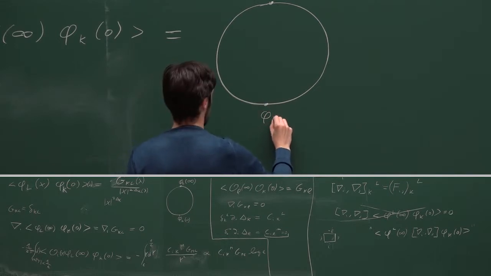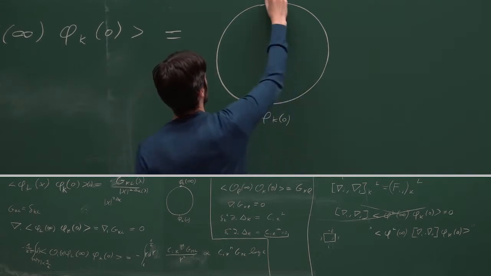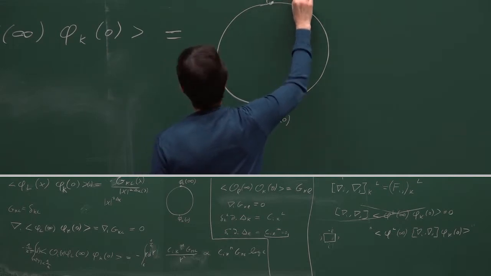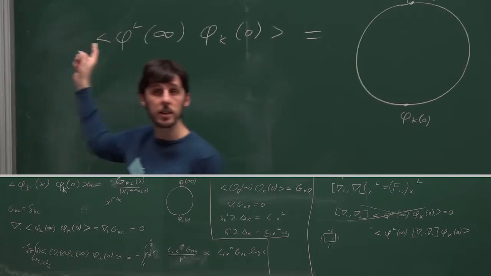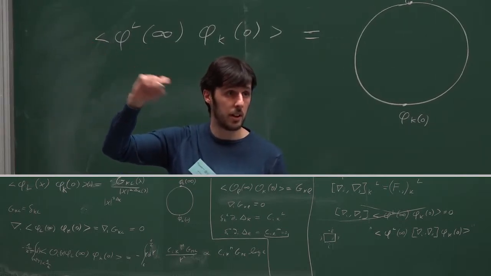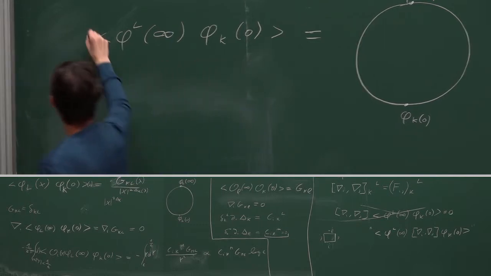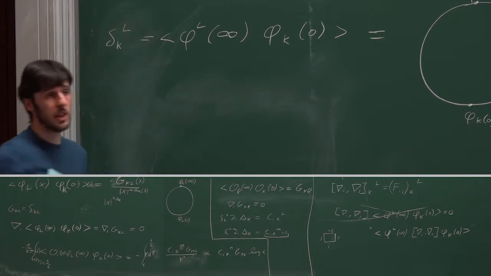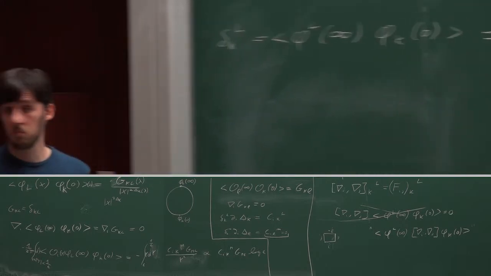Phi k equals 0, phi L equals infinity. I raised an index here using this matrix, well, the inverse matrix G^{KL}. And the reason is that then this is just the Kronecker delta. It's just easier to work in this basis.